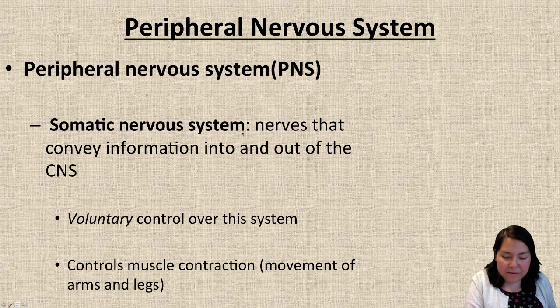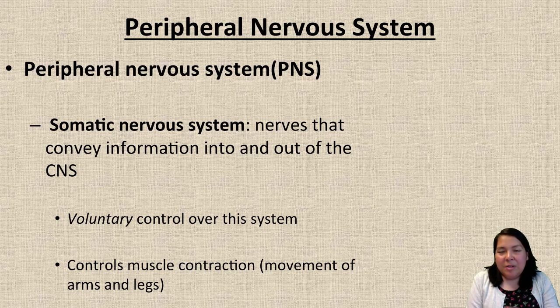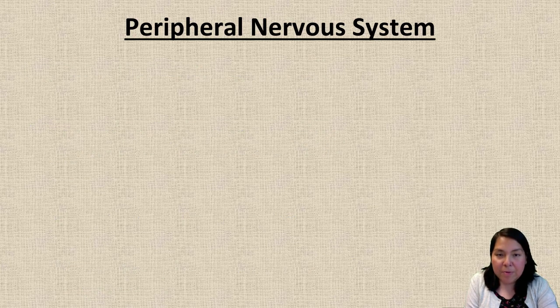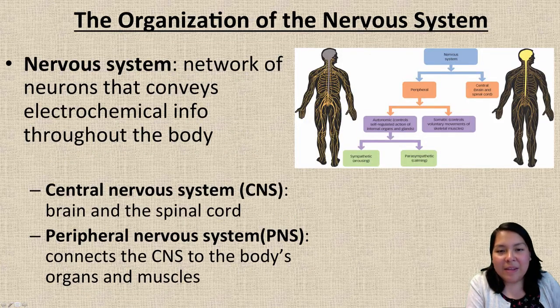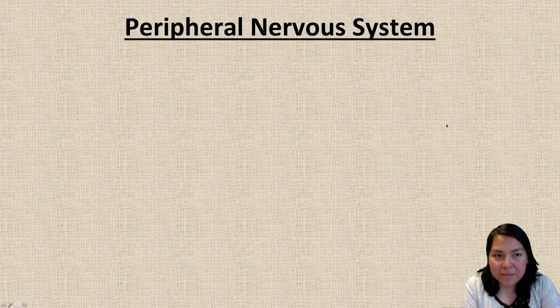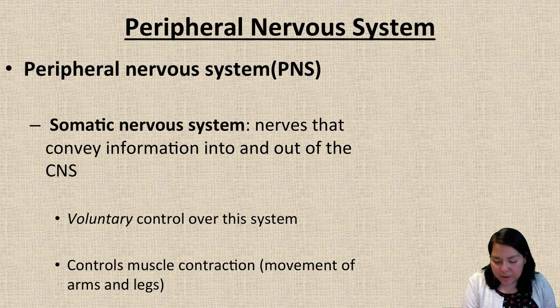The somatic nervous system is one of the special highlights of the PNS, because, as we can see on the previous graph, the peripheral nervous system breaks down to the autonomic and the somatic nervous systems. The somatic nervous system is one of the two.